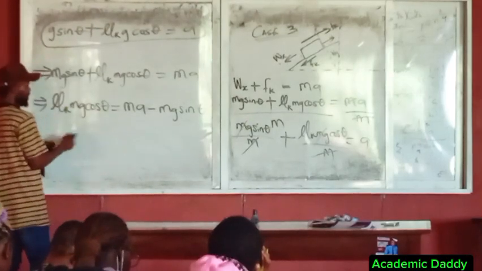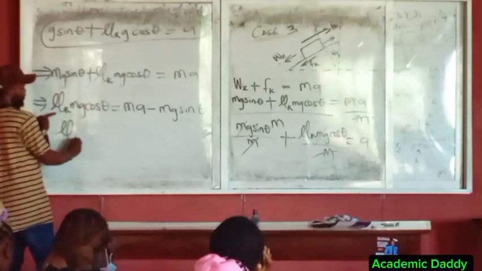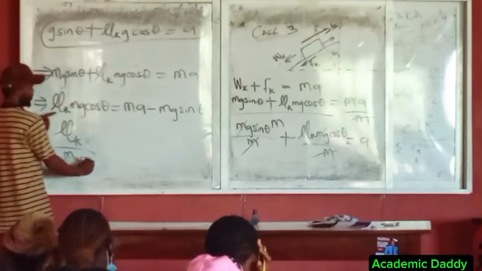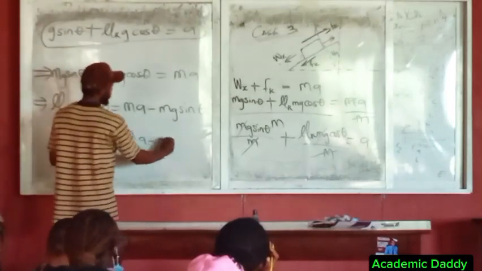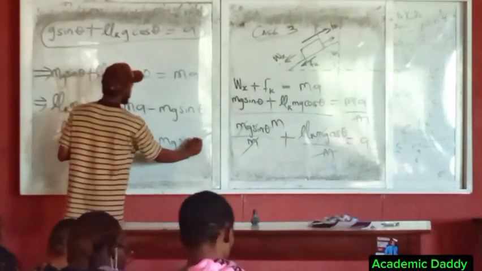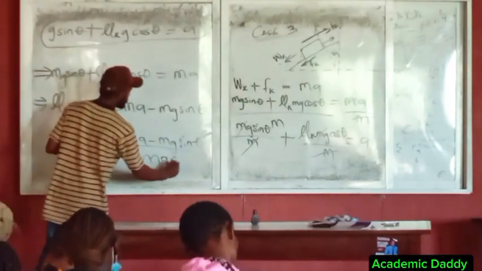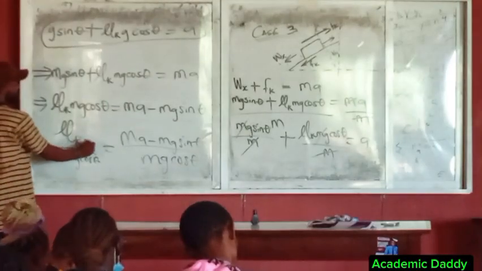To make this the subject of the formula, divide by mg cos theta, then it equals ma minus mg sin theta all over mg cos theta.